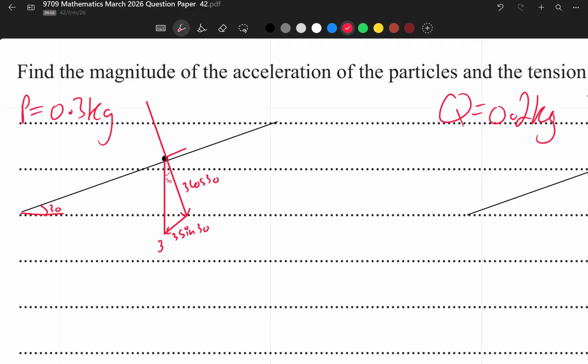Now particle P is pulled by the tension, and friction is, this is also a reaction force, R, which is equal to 3 cos 30, and friction is 0.4 into R, which is 3 cos 30.